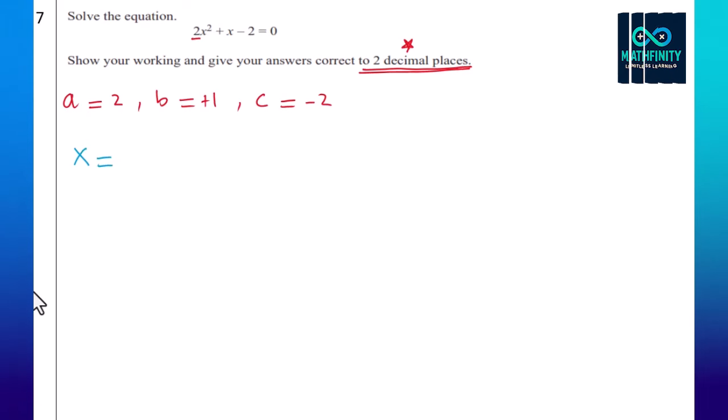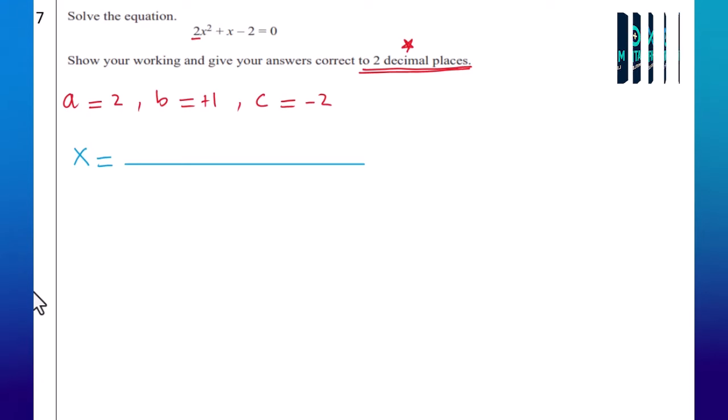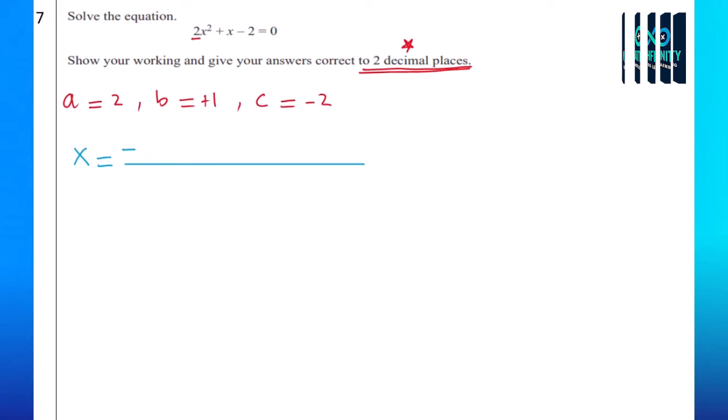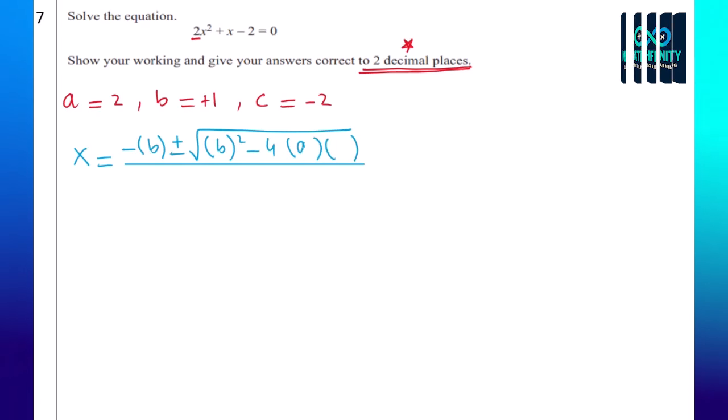x is equal to minus b, better if you write it in brackets: minus bracket b, plus minus square root of bracket b square minus 4, bracket a, bracket c, and here also bracket 2a.